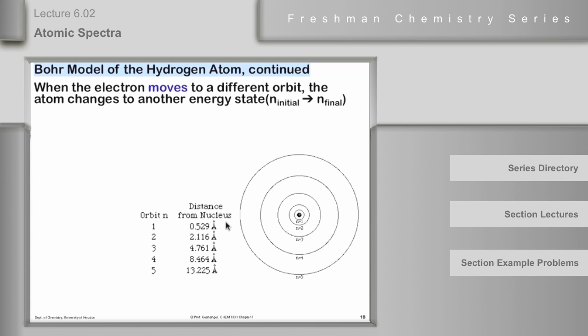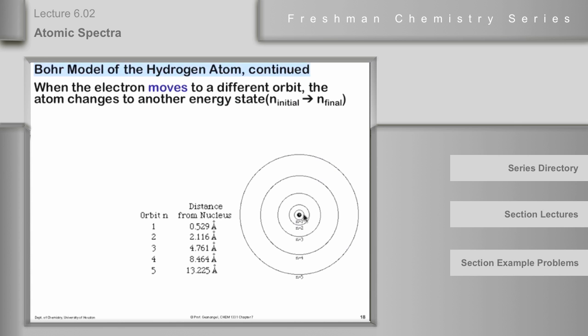And he did it in such a way as he was able to come up with a set of concentric orbits. Here were the distances. He was able to calculate exactly where they were and how much energy the electron had while in every one of them. And he said, okay, the place where the electron is determines the energy of the atom.